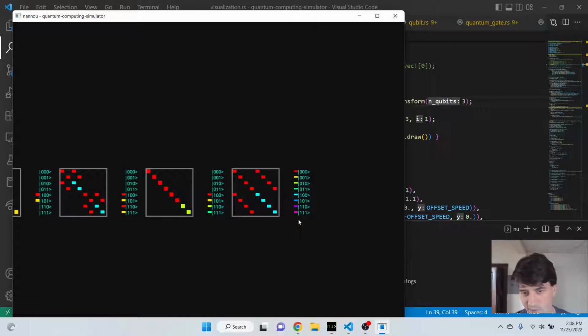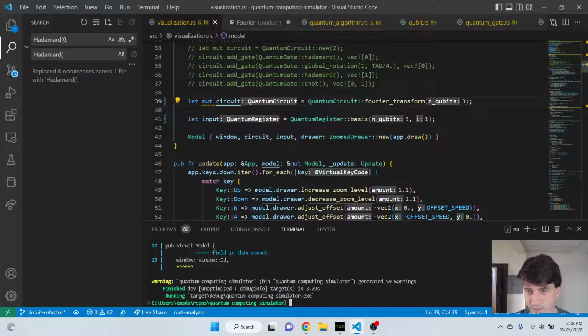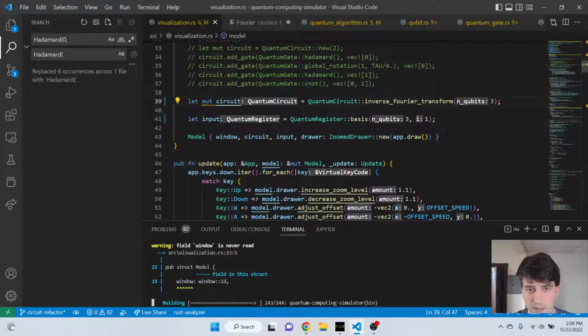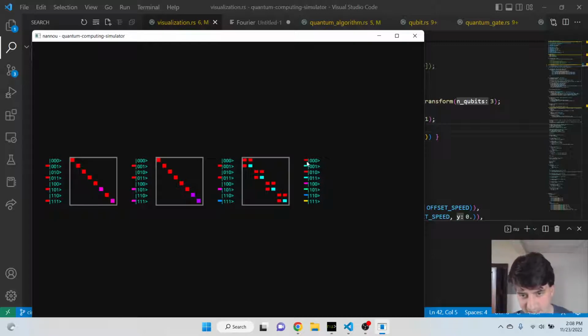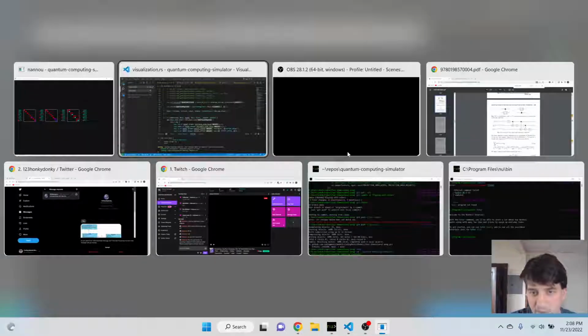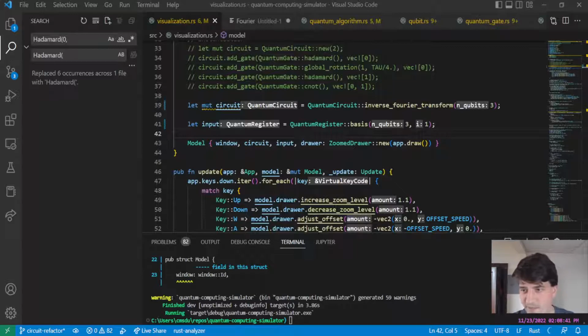We would get all the way back around if there were one more qubit here. So it'd be nice if our inverse Fourier transform and our Fourier transform were inverses of each other. That's what we would need them to be, but they're not at the moment, because I have some subtle little bug that we're trying to track down. In particular, you can see that we're getting back to the same color we started with immediately, rather than stepping through the rainbow, which we don't want. Hopefully that's a reasonable, quick explanation of that.